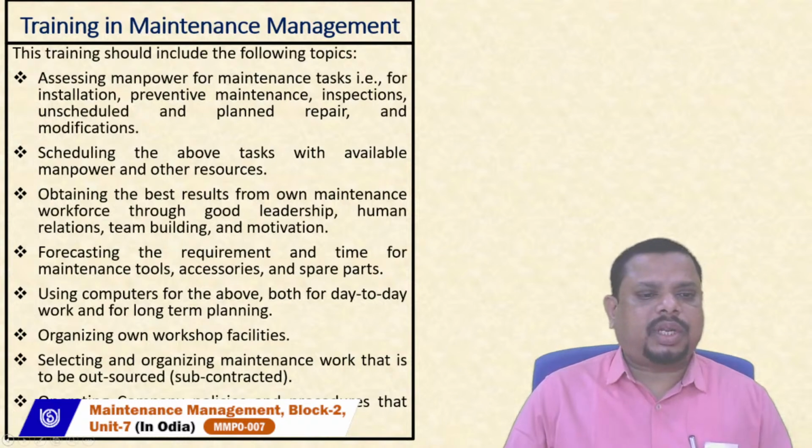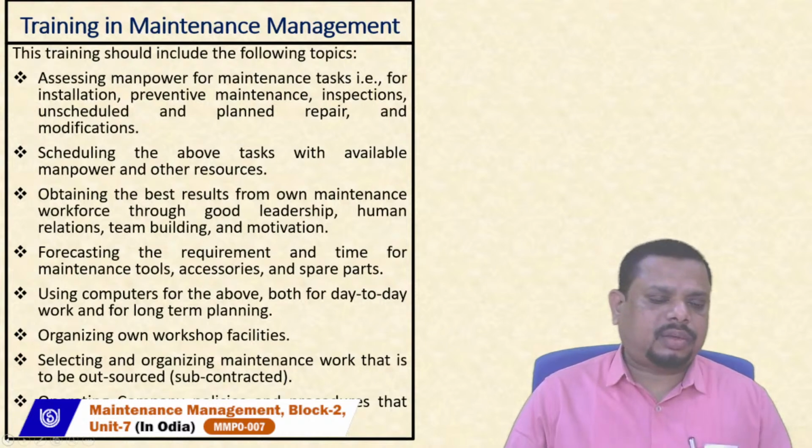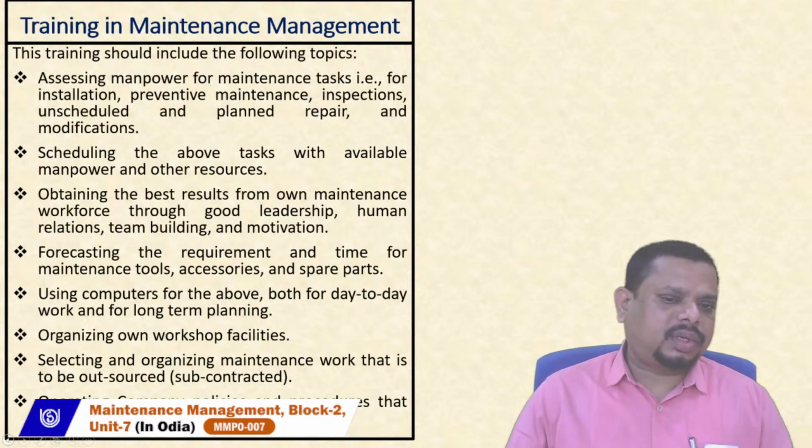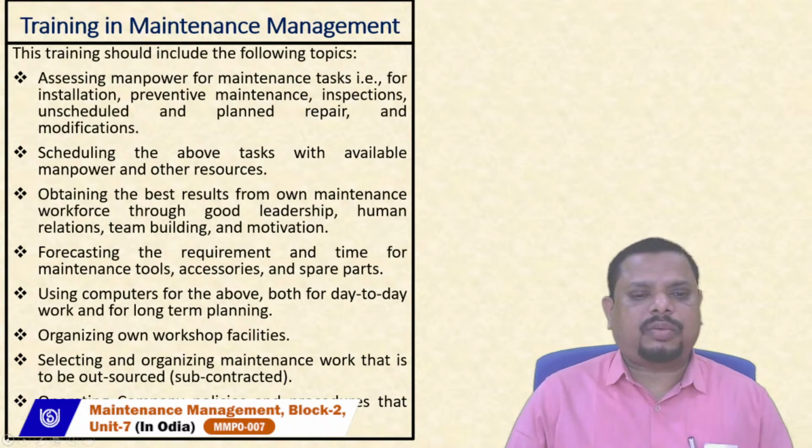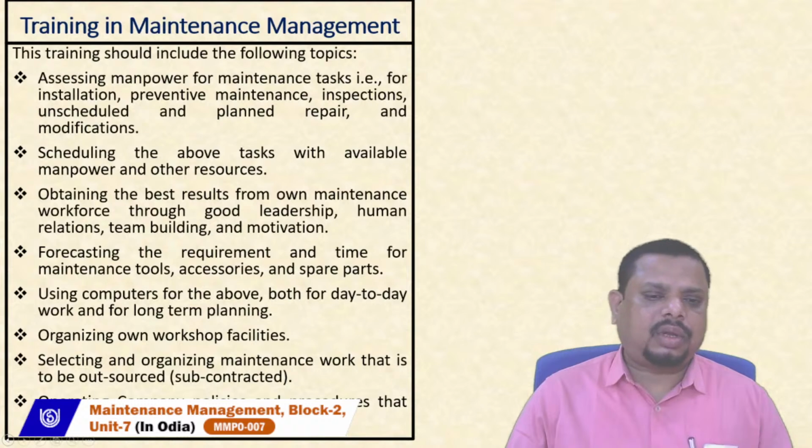Point number three, obtaining the best result from one's own maintenance workforce through good leadership, establishment of better human relationships, team building, and training programs, and higher motivation of maintenance technicians so that they work dedicatedly for the common objective of maintenance management.